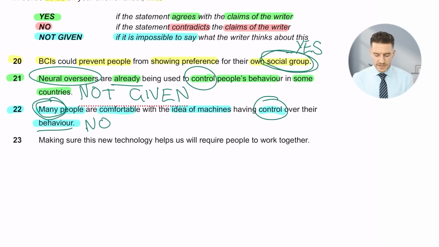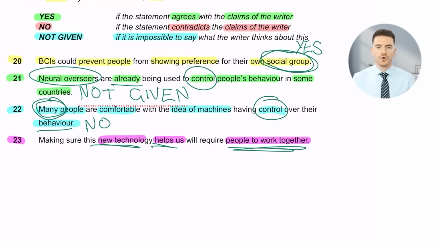Let's move on to the final question here. 23, making sure this new technology helps us will require people to work together. So let's go back up and see if we can find that. Okay, this new technology helping us work together or cooperate or collaborate.